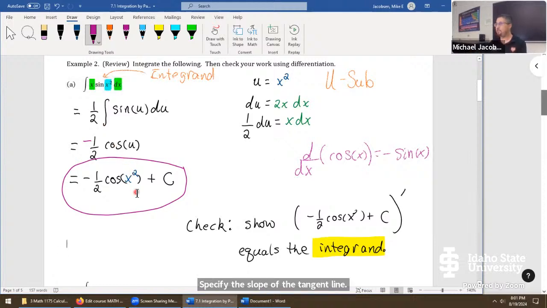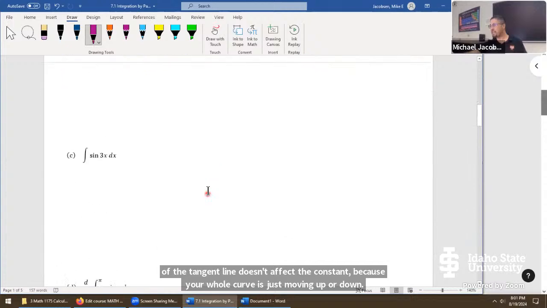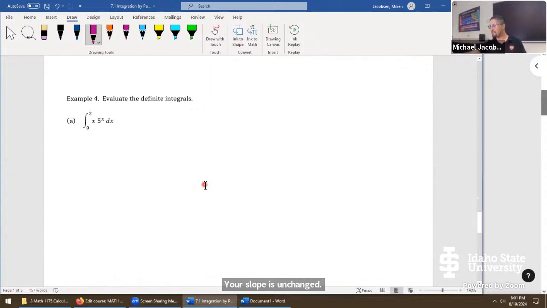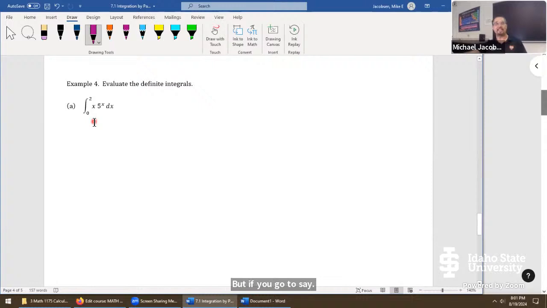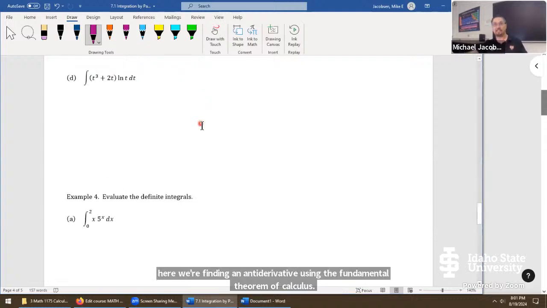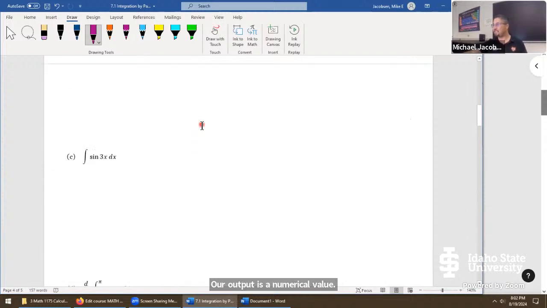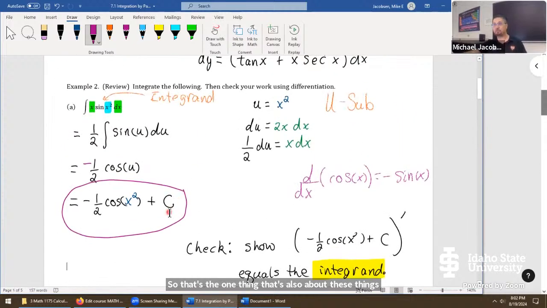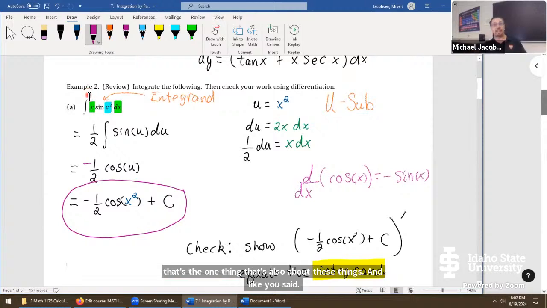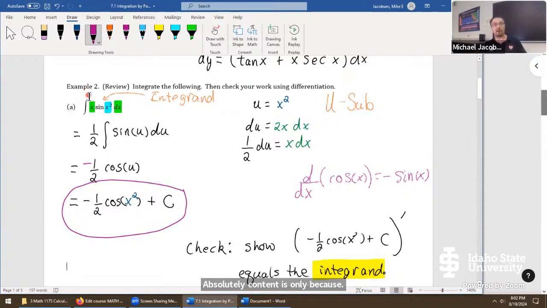Slope of the tangent line doesn't affect the constant because your whole curve is just moving up or down. Your slope is unchanged. But if you go to, say, this one, that's a number. So here we're finding an antiderivative using the fundamental theorem of calculus, where our output is a numerical value. So that's the one thing that's also subtle about these things. And like you said, absolutely, the constant is only there because it was indefinite, no lower or upper limit of integration.